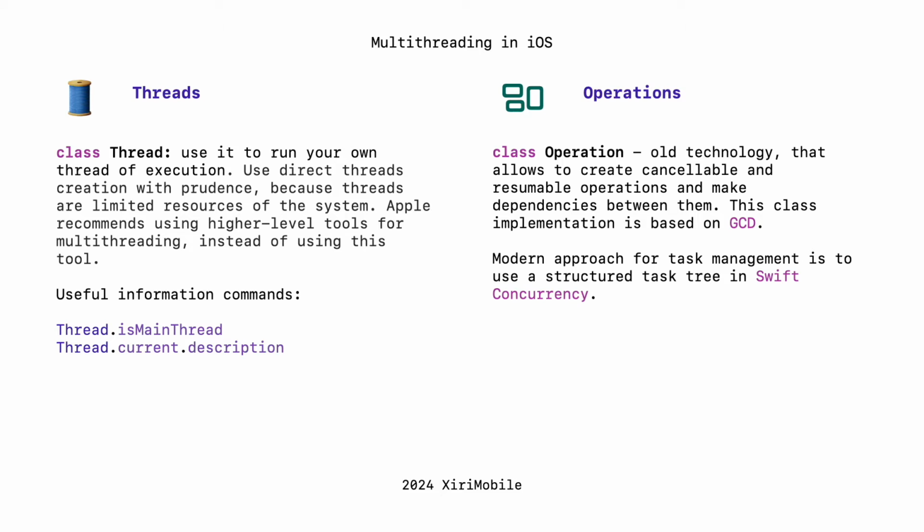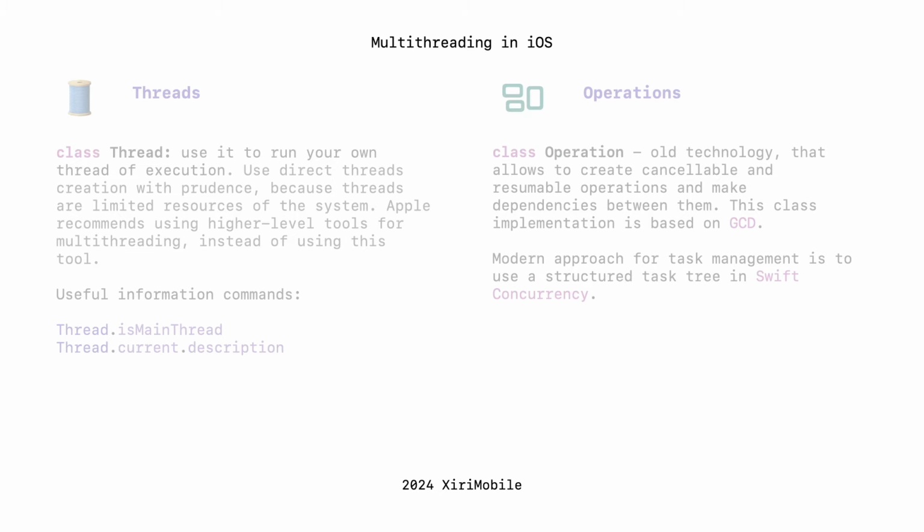But there are some useful informational commands: isMainThread or current thread description. Class Operation is a technology that allows you to create cancelable and resumable operations and make dependencies between them. This class implementation is based on GCD, and the modern approach for task management is to use a structured task tree in Swift Concurrency.